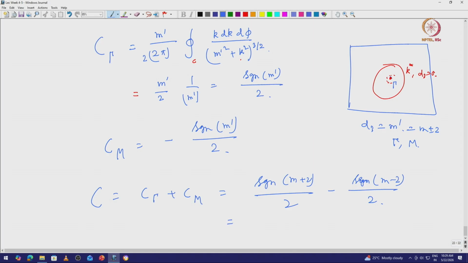So then this is equal to 0 if M is in this region, equal to plus 1 if M is in this region, and equal to minus 1 if M is less than 2.